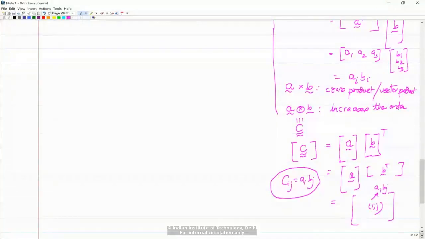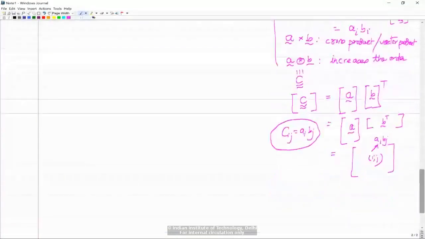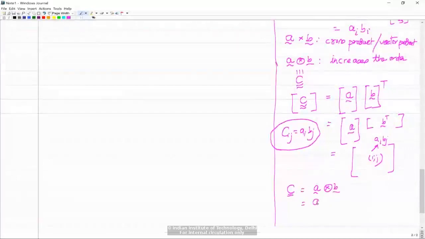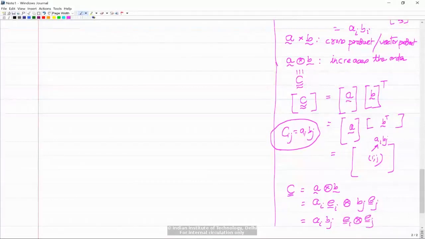We can also think of it as follows. So this C is A tensor product B. So you can write Ai ei tensor product Bj ej, and then scalars you can move, Ai Bj, and it is ei tensor product ej.